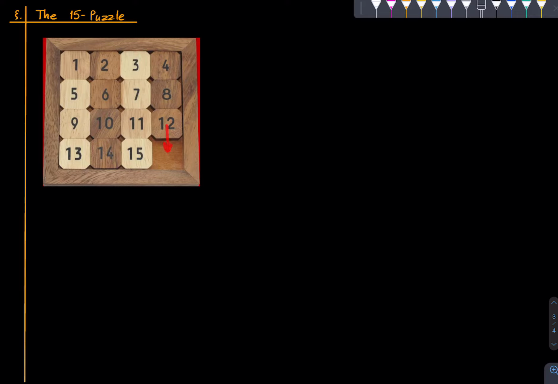So you can slide 12 downwards or 15 towards the right. If you slide 15 towards the right, then 15 comes here and the blank comes here. If you slide 12, then the blank comes here and 12 comes here. And similarly, you can keep sliding this way, then that way, and then that way.